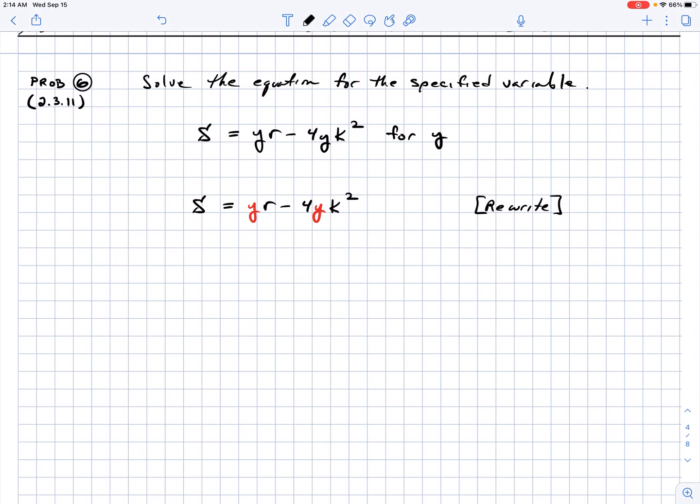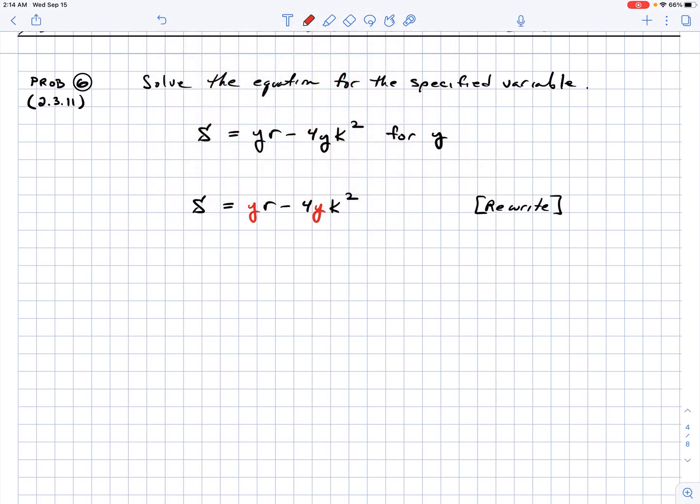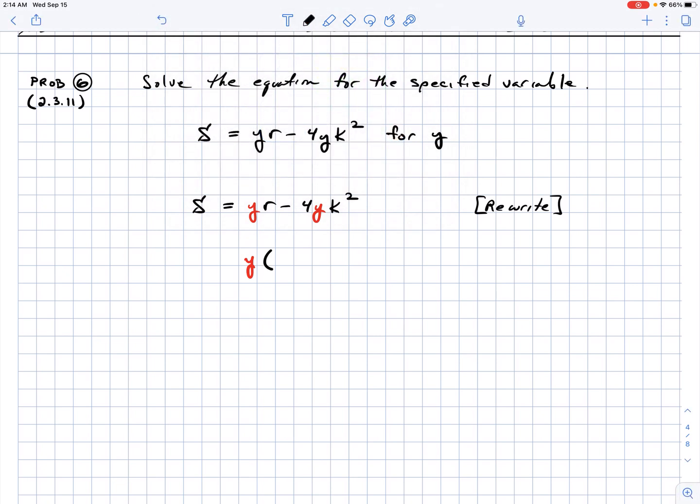Take one of them out. And what you're really doing is factoring, but you're sort of reverse distributing the y. And it's not really correct to say that, but it does help remind you about what you're doing, because if I multiply those back, I get this thing right there.